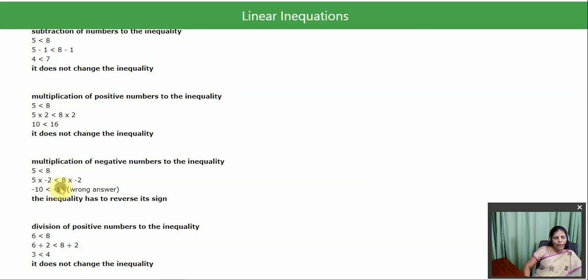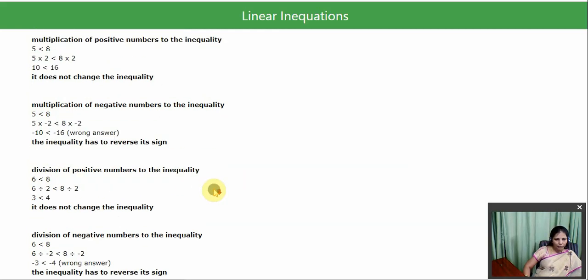So when I multiply a negative number to the inequality, the statement becomes wrong. So you need to reverse the inequality. The sign gets reversed. Right? Now when you multiply a negative number to the inequality, the sign gets reversed. Now we will come to the division.